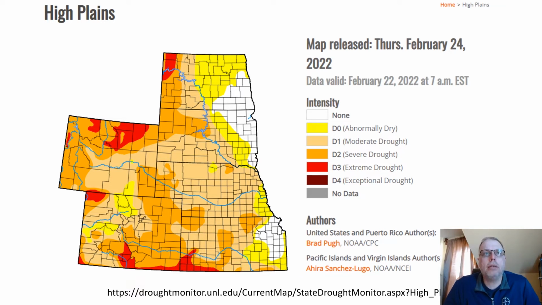Obviously, going out and doing field cultivation or disking of a field, whenever that happens, we're just releasing moisture out of the soil. And so we really need to minimize disturbing that soil.